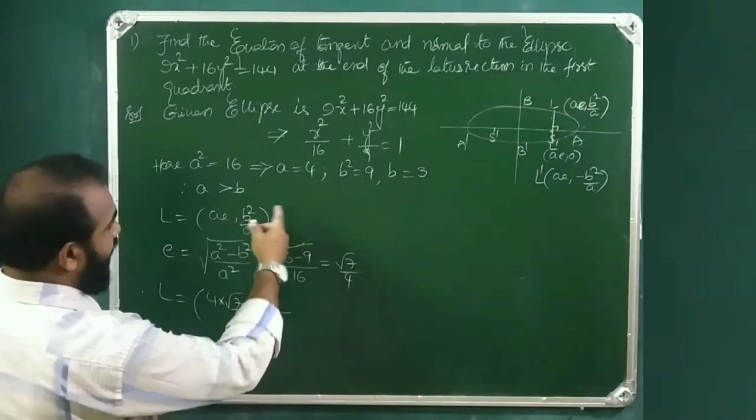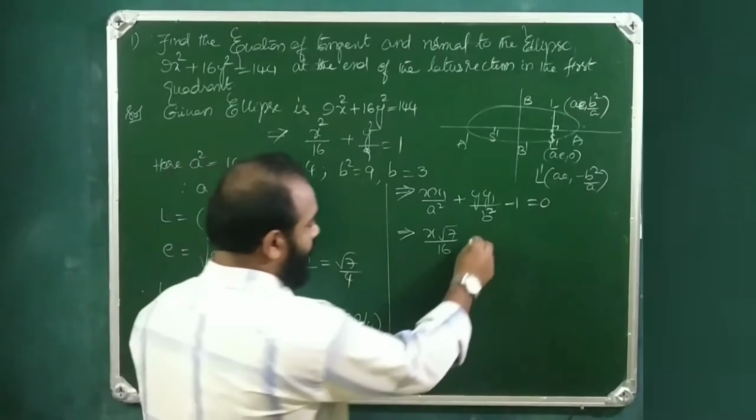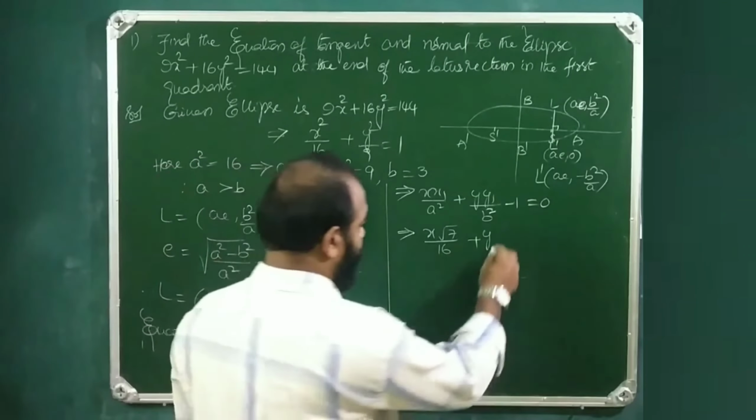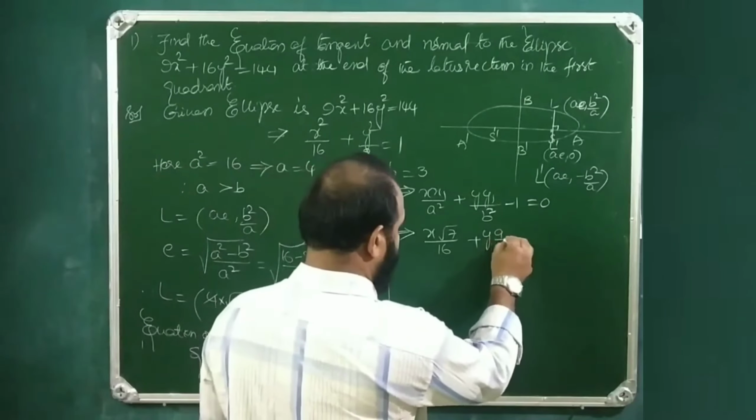So this is x1 and this is y1. x into x1 is root 7 by a square, which is 16, plus y into y1 which is 9 by 4, by b square, which is 9, minus 1 equals 0.